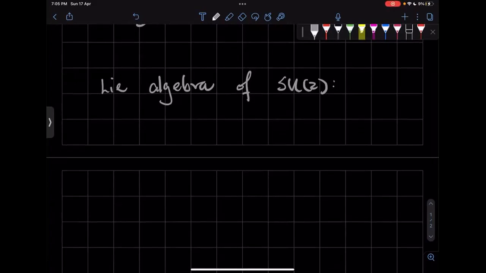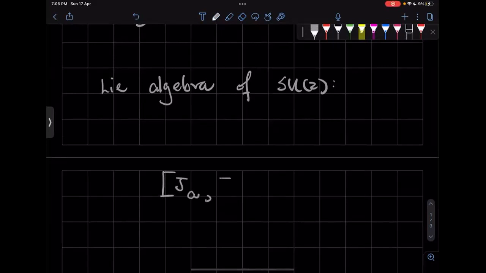Is it like tau 1, tau 2 commutator equals I epsilon ijk tau k? Yeah, so if you say tau 1, tau 2, on the right-hand side, it should be epsilon. Oh yeah, I mixed those up. Yeah, sorry. Okay, so it's traditional to use J because of the angular momentum connotation.